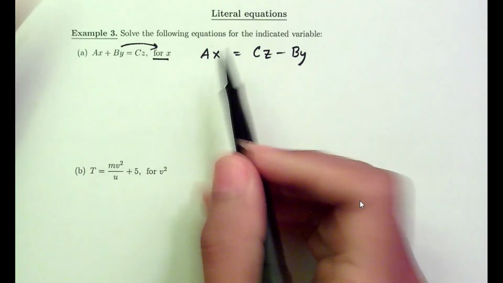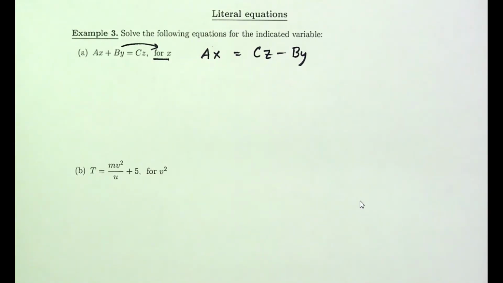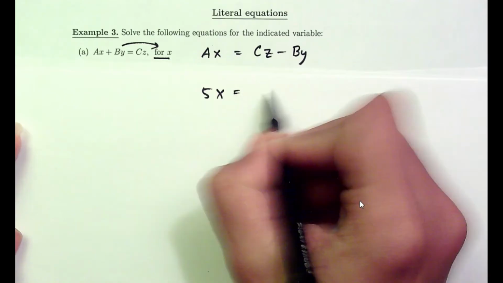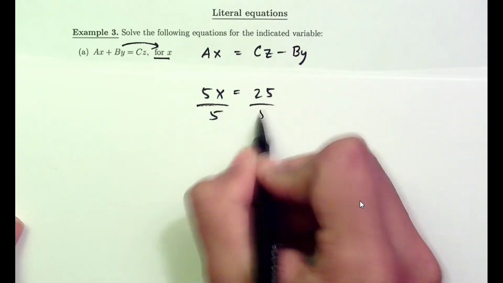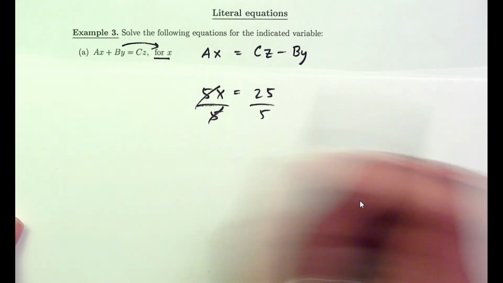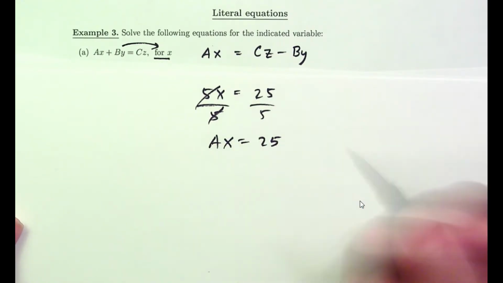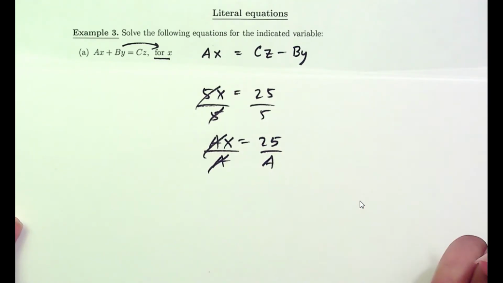And then to get the x all by itself, we have to divide by a, because we follow the same logic, so that a behaves like a number. If we had something like 5x equals 25, to get the x all by itself, we divide both sides by 5. So it's really the same thing. If the equation had been ax equals 25, we would still do the same thing: divide both sides by a to get x.